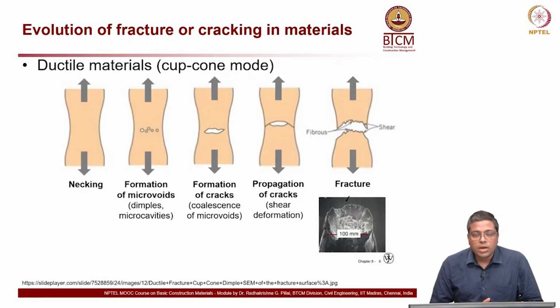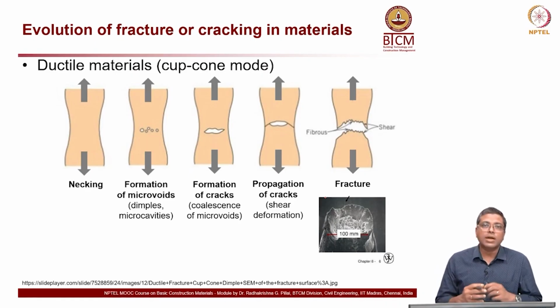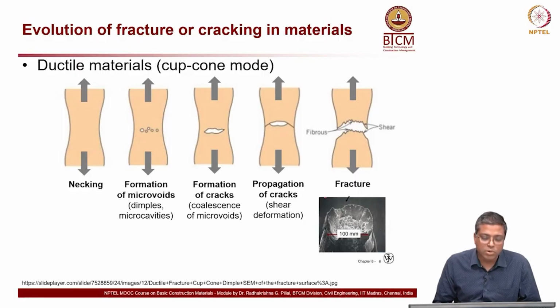Now, let us think about the effect of these grain boundaries on the cracking or fracturing of materials or deformation of the materials. For that we will look at what happens when a material is pulled. Let us talk about the example of tensile behavior.